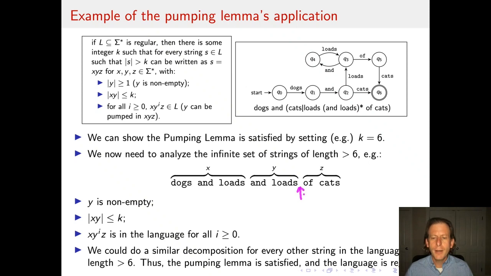And so the decomposition that I would use, if I have more and loads that appear here, is that I would put those and loads parts into z, in the part before of cats. So if I had dogs and loads and loads and loads of cats, I would make x dogs and loads, y and loads, and z and loads of cats. And all of the same criteria would hold. z would have gotten longer, but x and y would have stayed the same, and all of the criteria would still continue to hold.